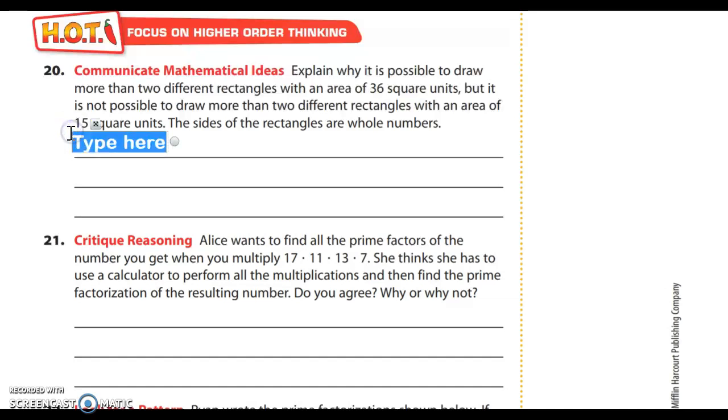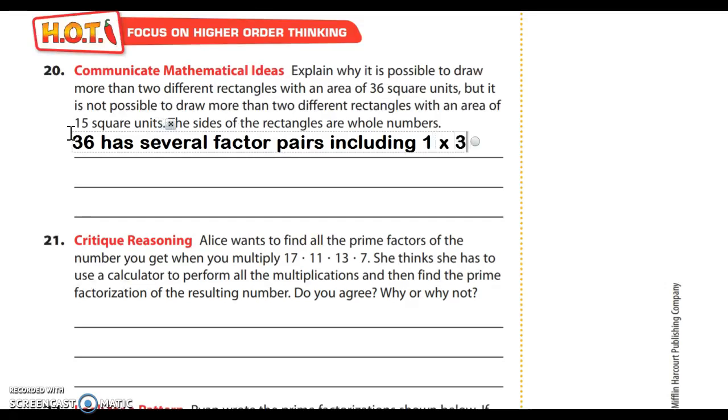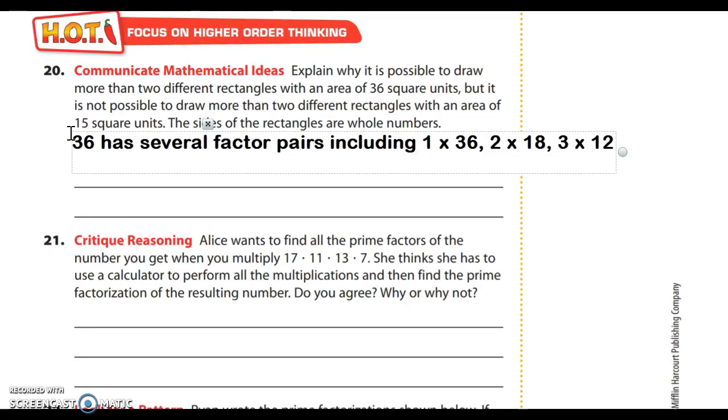Well, how come that's true? Well, what we need to notice here is that 36 has several factor pairs, including 1 by 36, 2 by 18, 3 by 12, 4 by 9, and even 6 by 6.